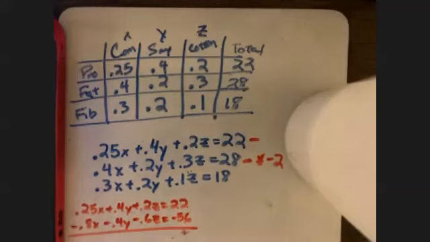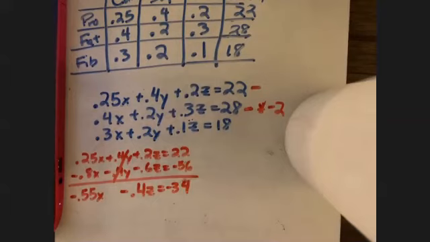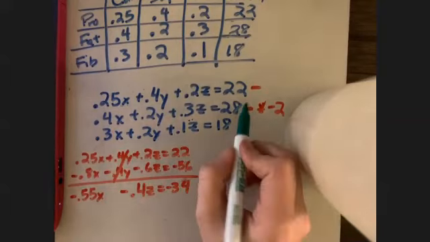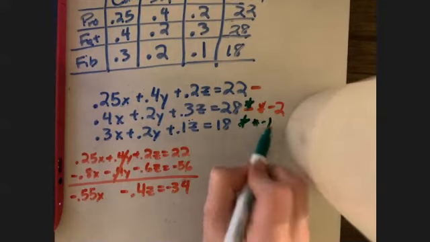Okay. So that's -0.55x, those go away, minus 0.4z equals -34. Okay, bring this down. Okay, then I'm going to partner pair. I'm actually going to partner pair this one and just multiply with a -1.